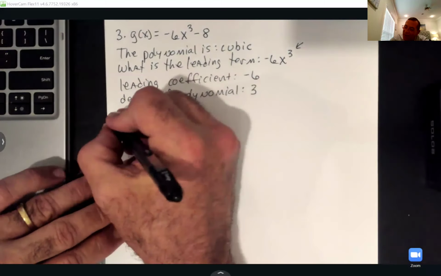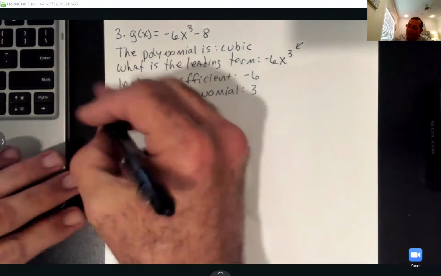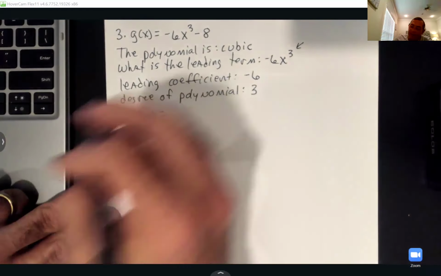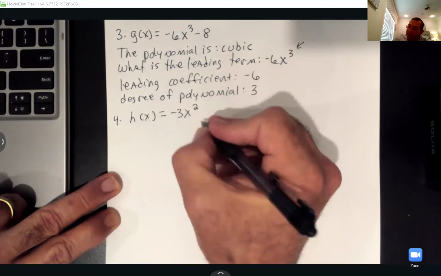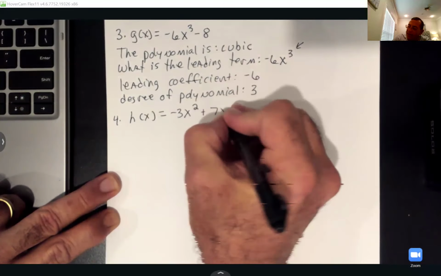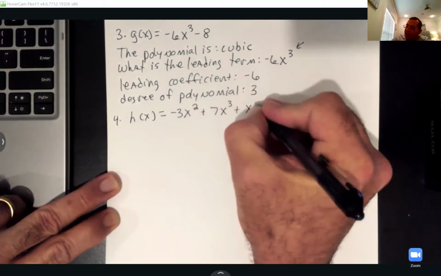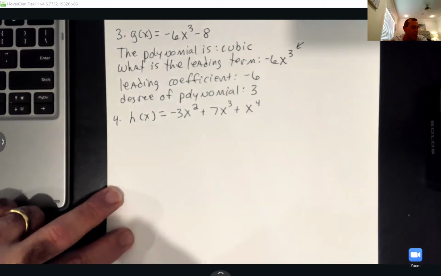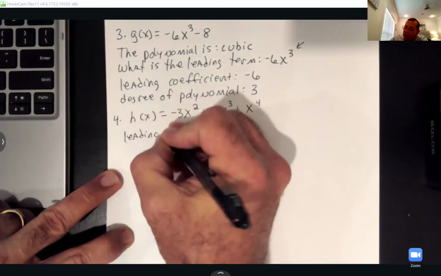All right, y'all. So let me show y'all. I'm gonna throw y'all a curveball now, okay? So I'm gonna do h of x equals -3x squared plus 7x to the third plus x to the fourth. So on this one, the first thing I want to know is my leading term.